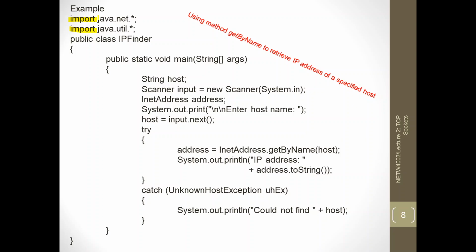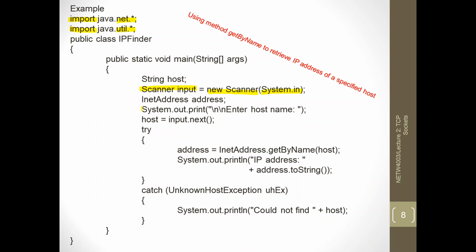In this example, we are importing all java.net and java.util packages so we can use some of the classes in the code. The code line Scanner input = new Scanner(System.in) will wait for the user to input a value, that is the host name that he or she wants to resolve and get its IP address.